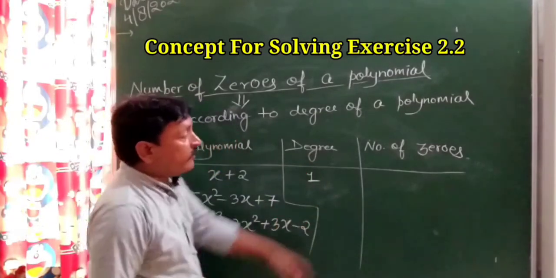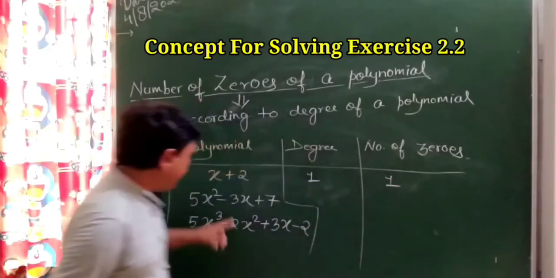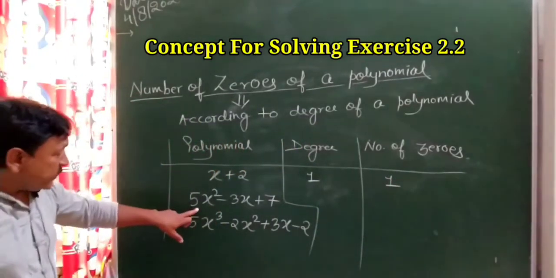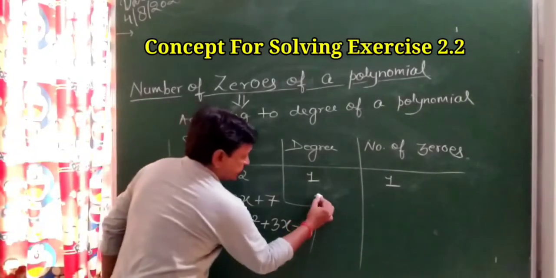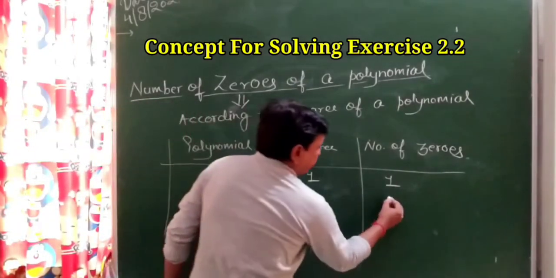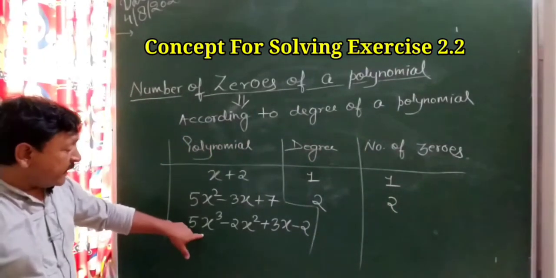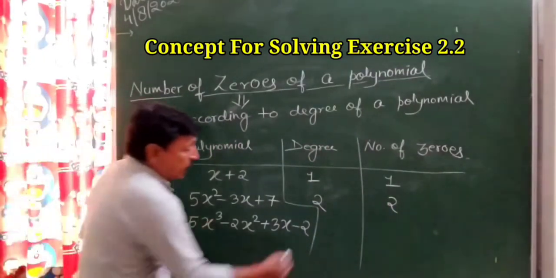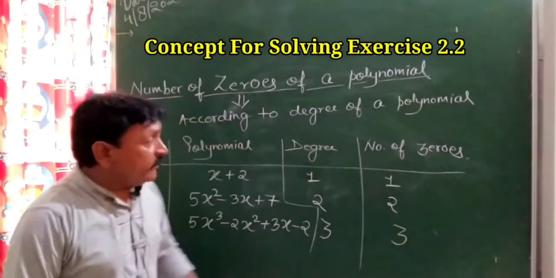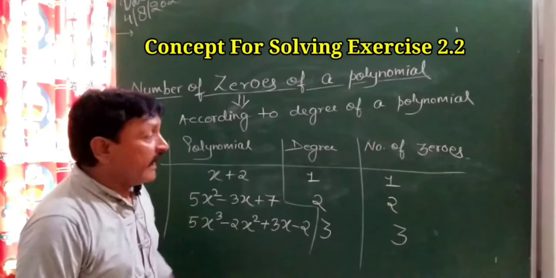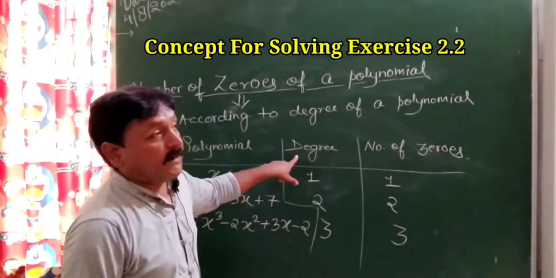So it will have how many zeros? 1 zero. In this expression, its degree is 2, so it will have 2 zeros. In this expression, the degree is 3, so it will have 3 zeros. It means that a polynomial will have as many zeros as its degree.